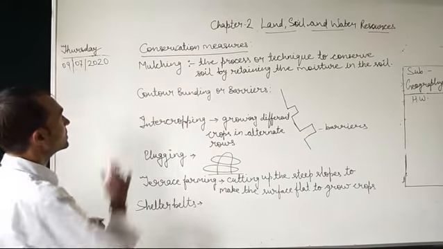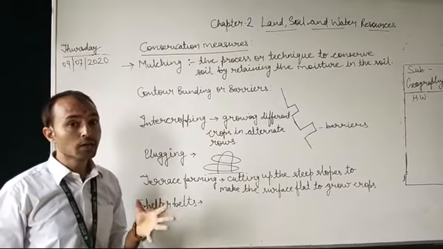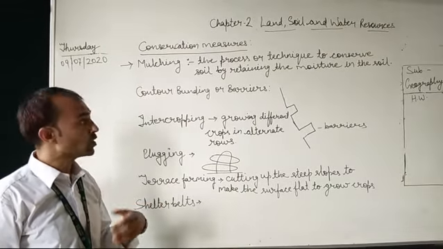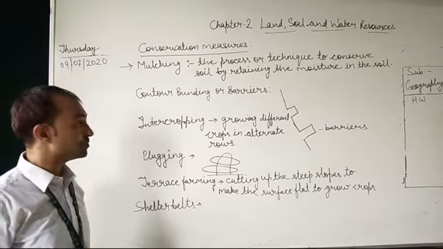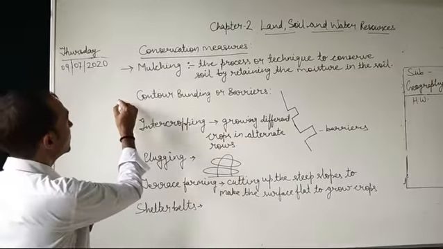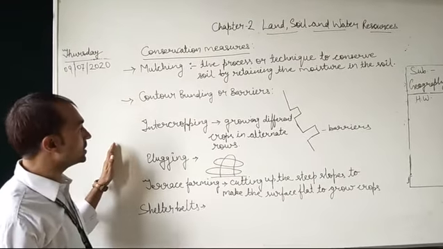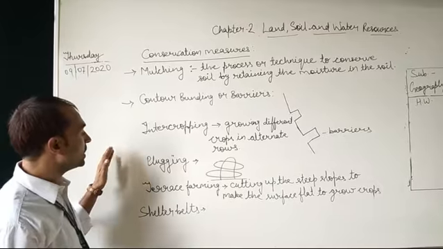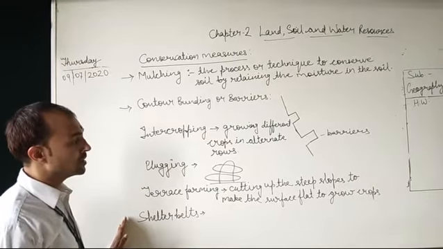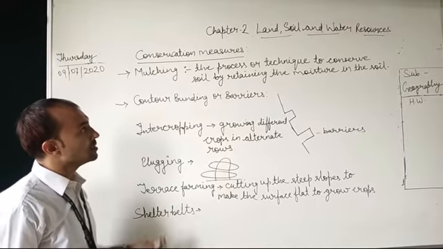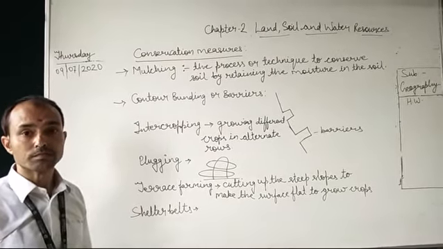The first is mulching, the process or technique to conserve the soil by retaining the moisture in the soil. Then the next are contour barriers, intercropping, plugging, terrace farming and shelter belts. Now let's discuss these conservation measures in detail.